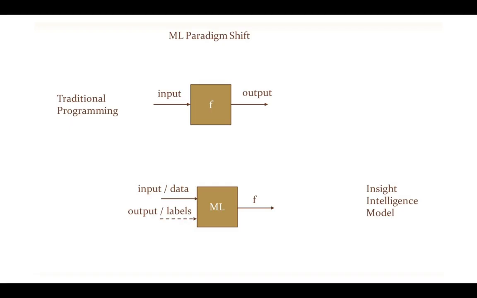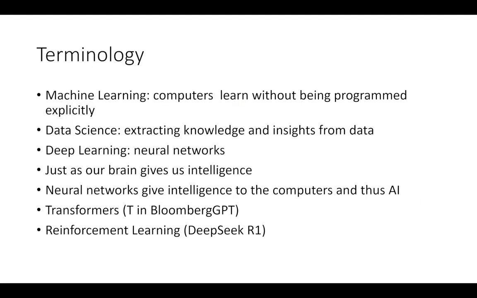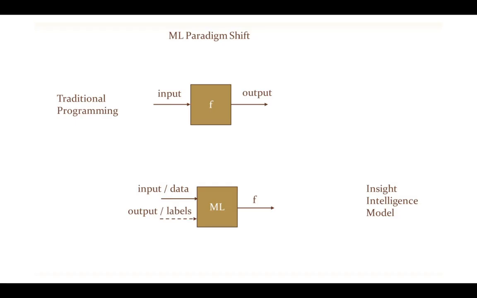Okay. So we'll start with machine learning, right? What is the difference in machine learning from traditional programming? In traditional programming, you basically have a function, so you already know how to compute output from a given input. You give an input to this function that you have written, and that generates the output for you.